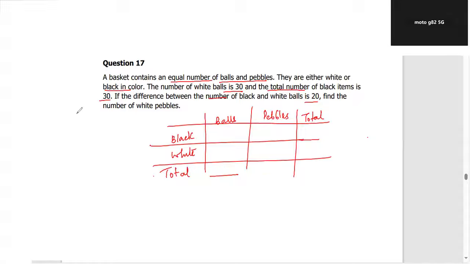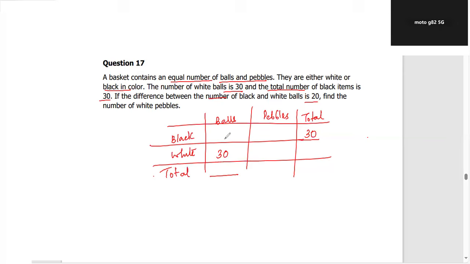Now we don't know that. They're either white or black in color. The number of white balls is 30, and the total number of black items is 30.